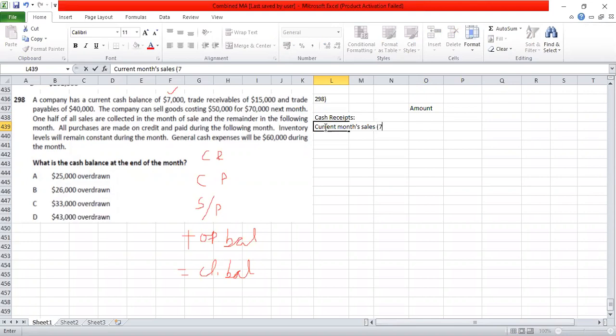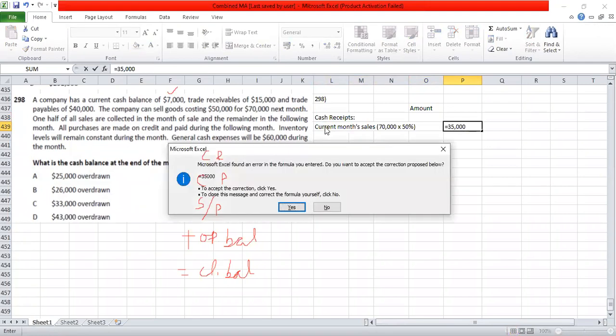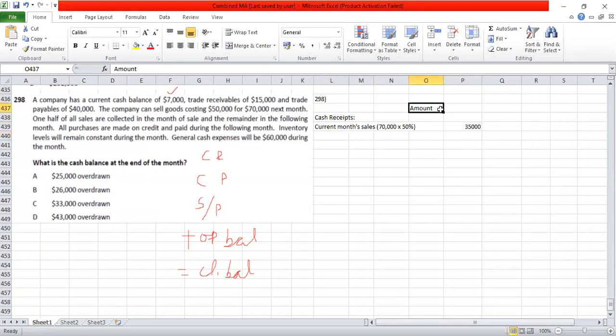Current month sales are 70,000 into one half, 50%. Then the previous month, whatever sale happened of that, one portion is still pending.